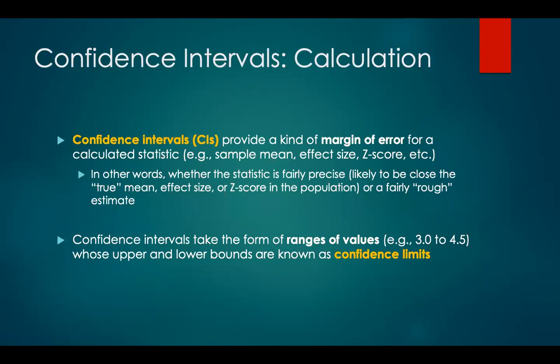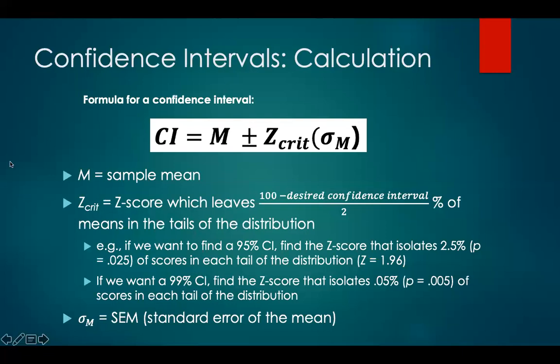Confidence intervals take the form of ranges of values, for example, 3.0 to 4.5, whose upper and lower bounds are known as confidence limits. Now here's the calculation for a confidence interval. So a confidence interval equals the mean plus the critical z-value multiplied by the standard error of the mean.